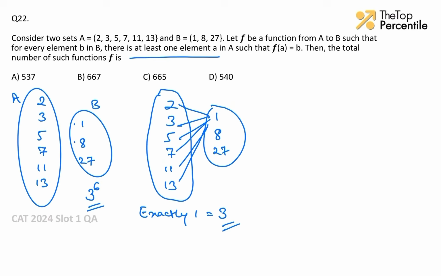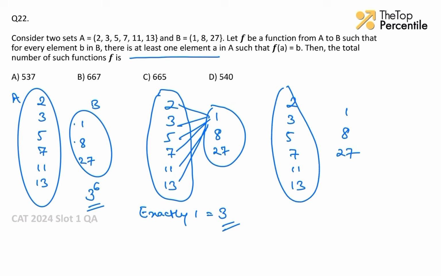Now I will also calculate this for exactly 2. Again, the set A is 2, 3, 5, 7, 11, and 13. Set B is 1, 8, and 27.